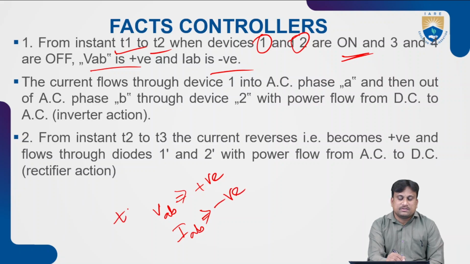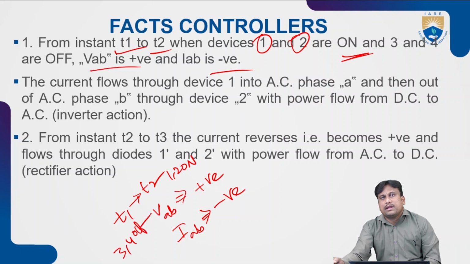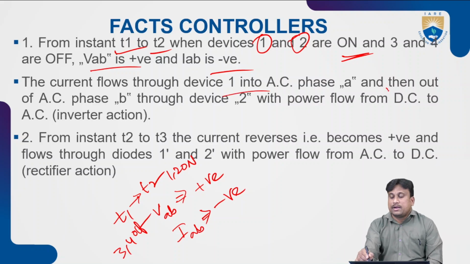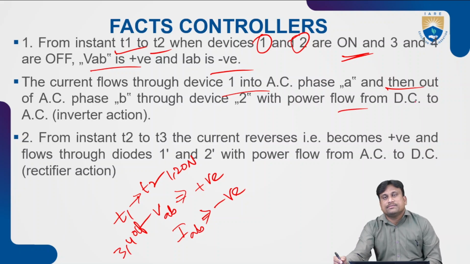This happens from instant T1 to T2. So 1 2 is on and 3 4 is off, and the sequence of parameters follows like that. Current flows through device 1 into AC phase A, and then out of AC phase B through device 2, with power flow from DC to AC.